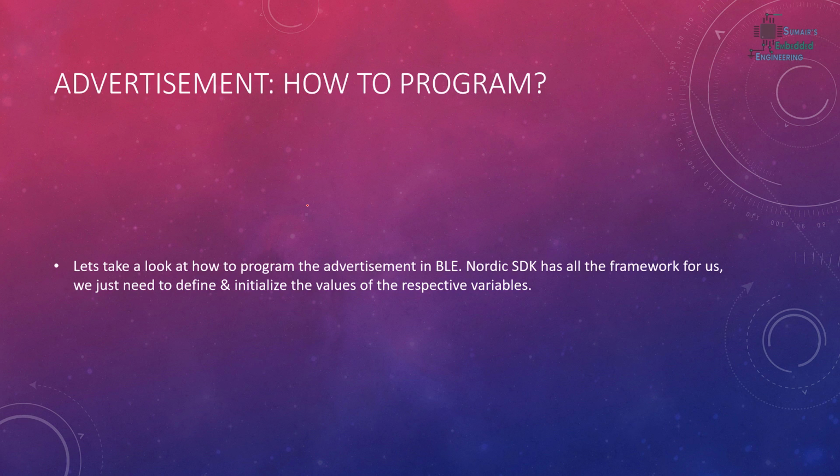Now let's see how we can program our advertisement. Previously we have already seen in the base application code how we can program the device. So we will look at the advertisement in BLE, and the Nordic SDK has all the framework for us. We just need to define and initialize the values of the respective variables.